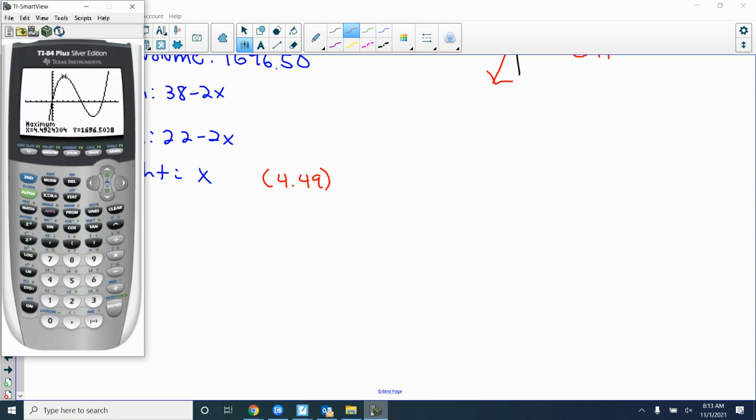And so 22 minus 2 times 4.49 gives me 13.02.